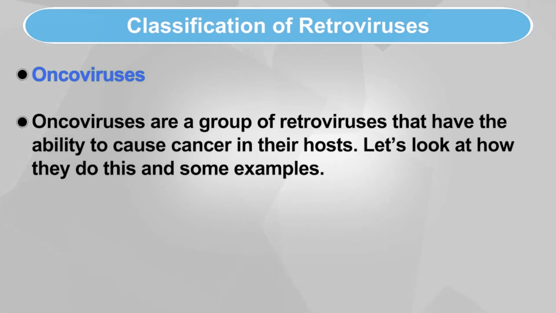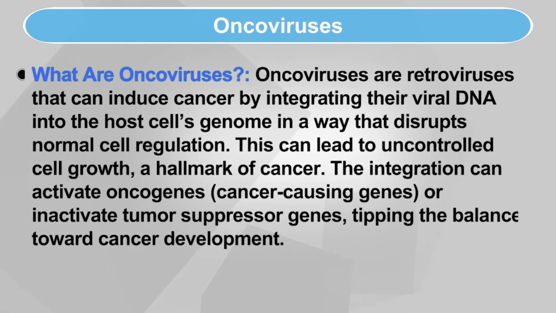Oncoviruses are a group of retroviruses that have the ability to cause cancer in their host cell. Let us look at how they do this with the help of some examples. So, oncoviruses are retroviruses that can induce cancer by integrating their viral DNA into the host cell genome in a way that disrupts normal cell regulation.